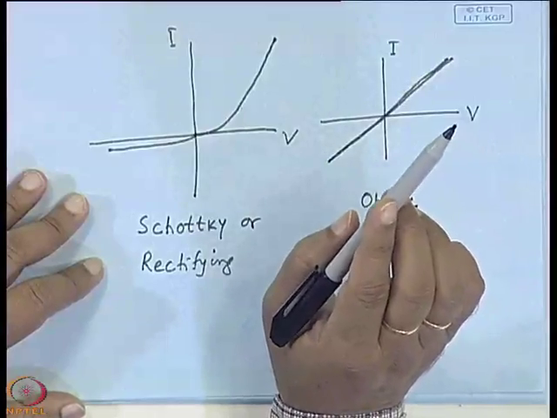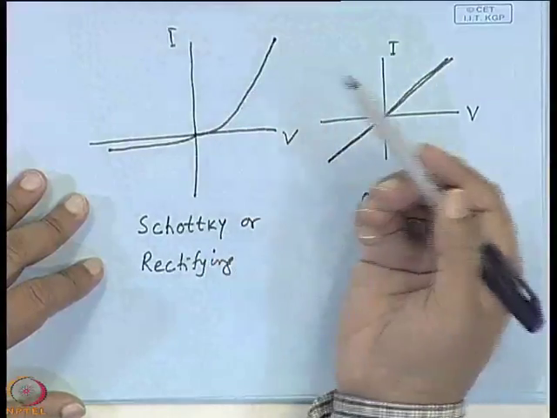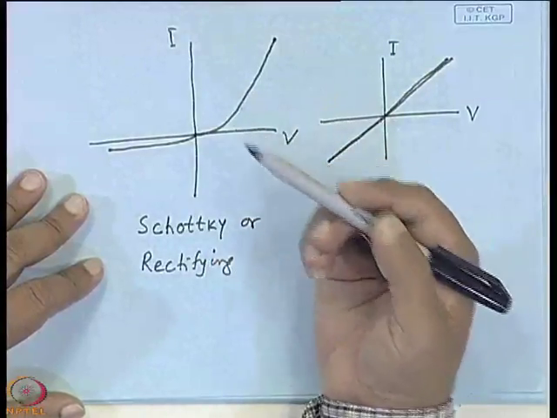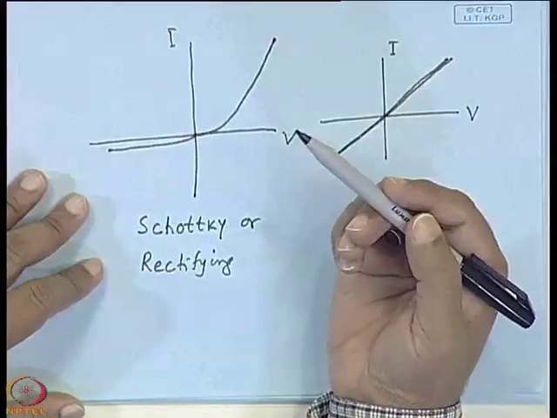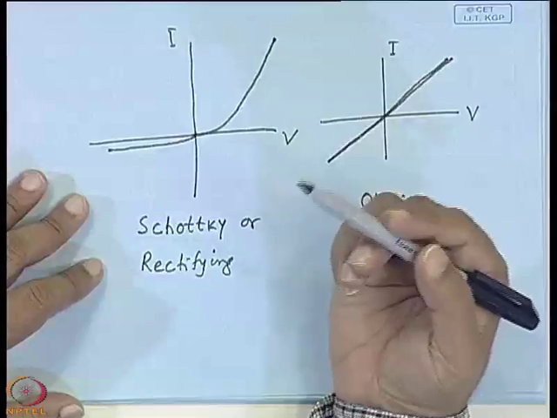So, current will be available in one direction only. That means, in the forward bias only the current will be available. Okay. That is the rectification property. This phenomenon is known as rectification. Using this property, AC is converted to DC.